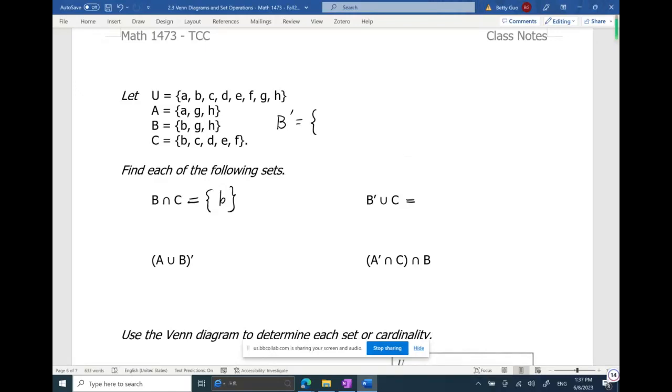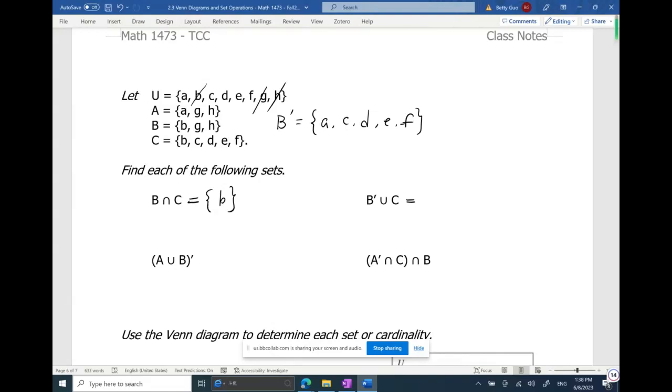B prime includes all the elements in U but not in B. B has B, G, H. So in the universal set, get rid of B, G, H. We have A, C, D, E, F. And that is B prime.